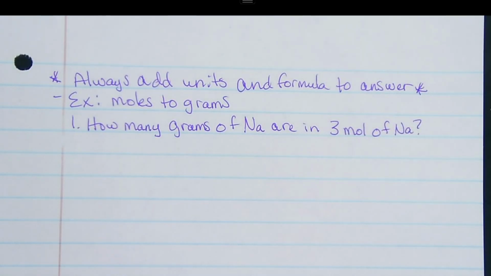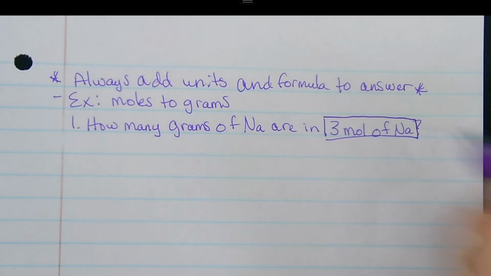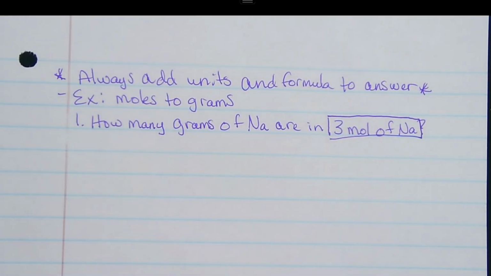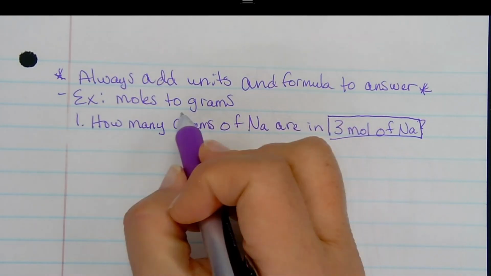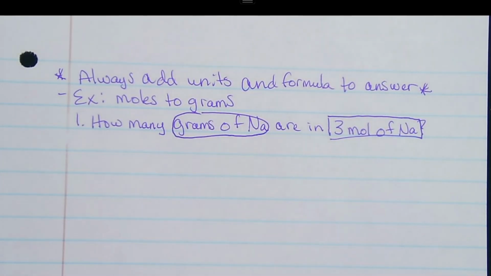So as you read it, this is when our annotation begins. So we're going to box our given, which means that's the number, units, and formula that it is giving us to start with. So notice it's telling us this is what we're starting with. So we're going to box that. There's my given. And we're going to circle what it wants us to find. So what it wants us to find in this one is grams of sodium. So that's our first thing, we're going to annotate our question.